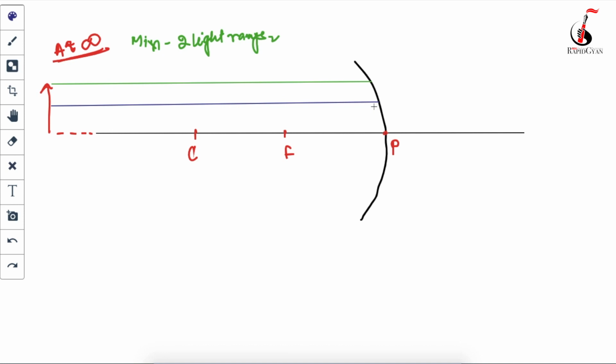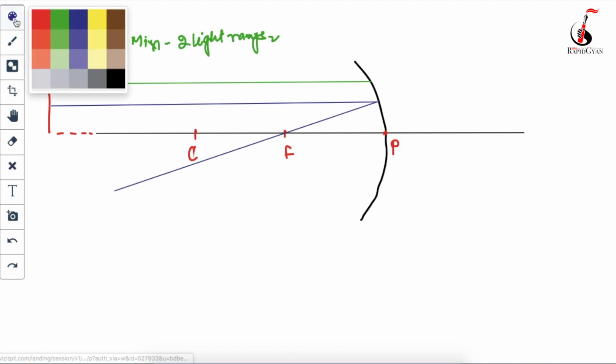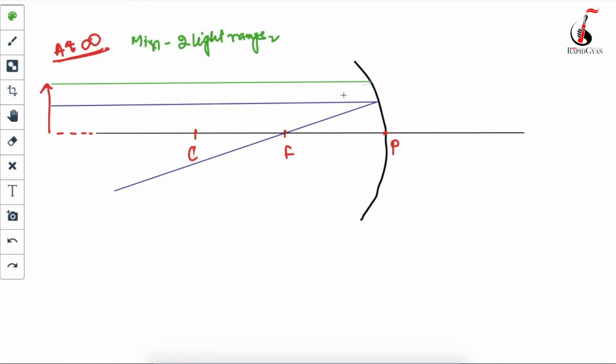So what is the condition? I have told you in my previous video that if a light ray is parallel to the principal axis, what will happen after reflection? After it strikes the mirror, it will reflect, correct? It will pass through your focus. So in the first case also, after reflection it will pass through the focus.